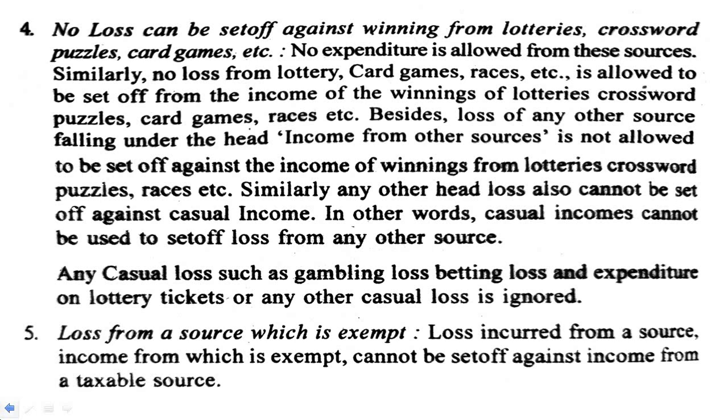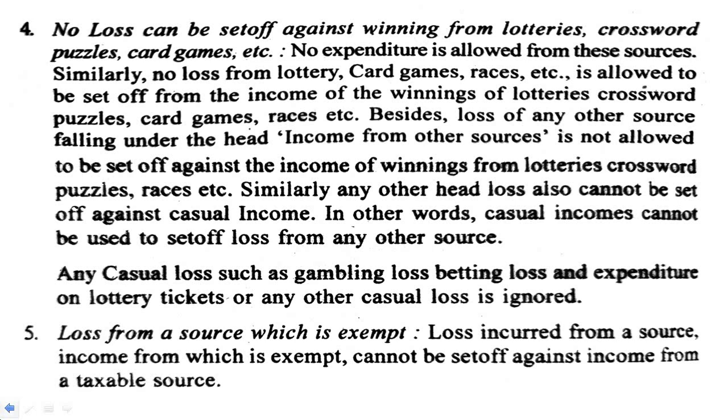Besides, loss of any other source falling under the head income from other sources is not allowed to be set off against the income of winnings from lotteries, crossword puzzles, races, etc. Similarly, any other head loss cannot be set off against casual income.